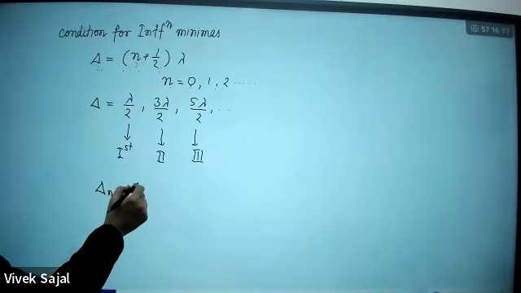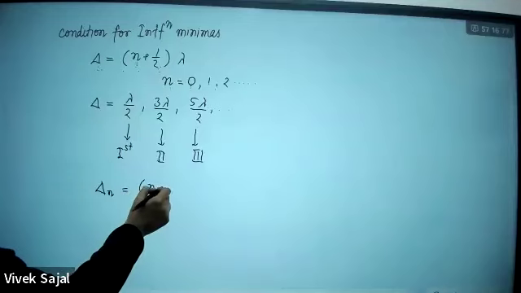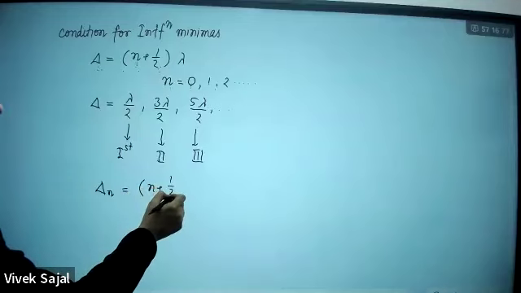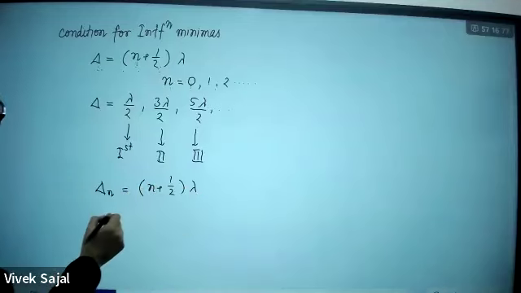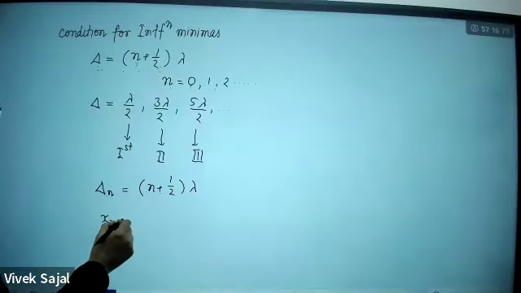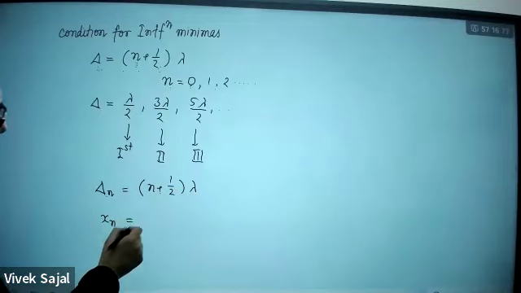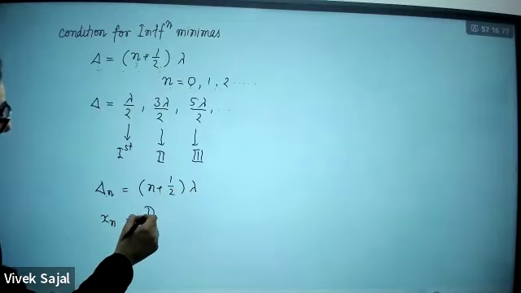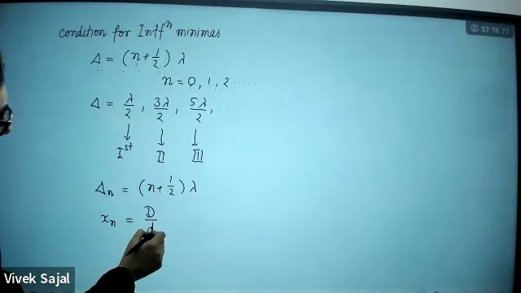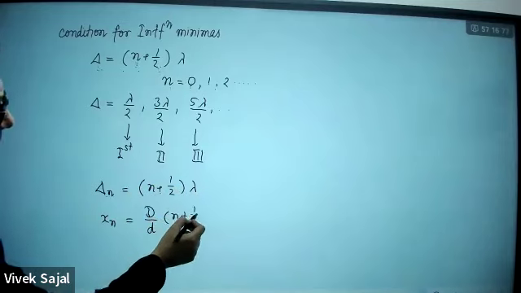I'm writing delta n is suppose (n plus 1 by 2) lambda. So its position corresponding to this path difference is suppose xn, and this will be D by d, and here in place of delta, I will write (n plus 1 by 2) lambda.